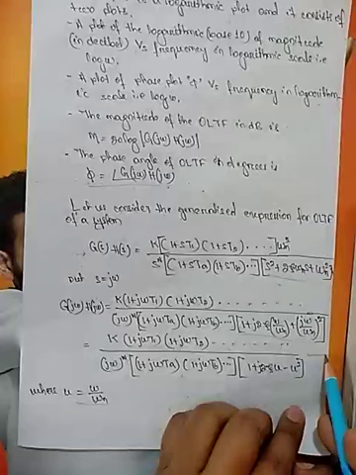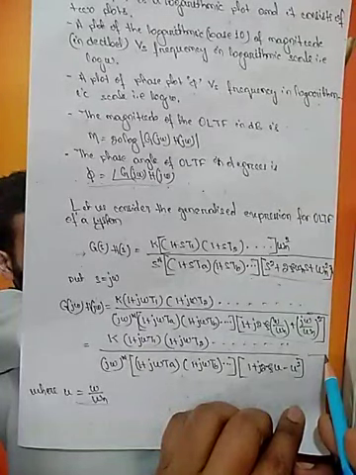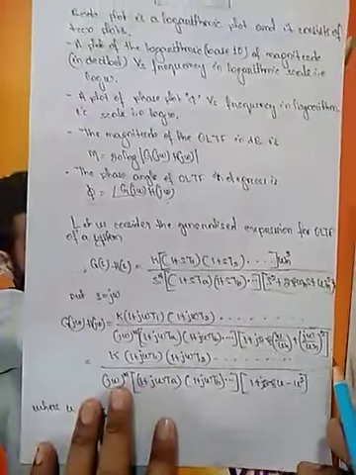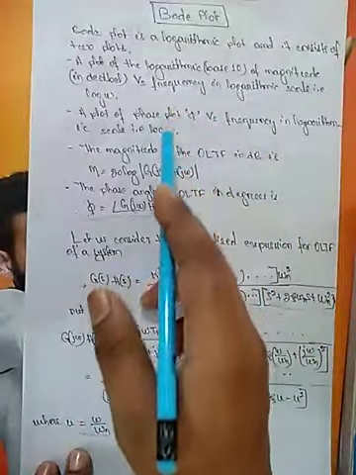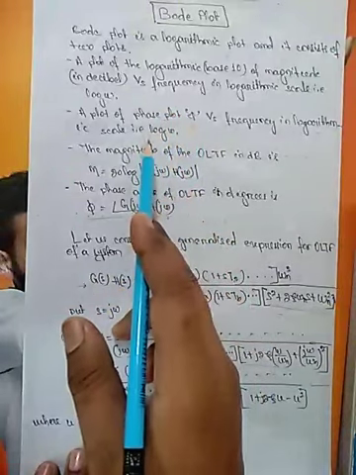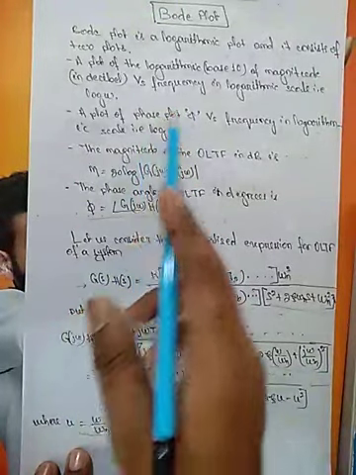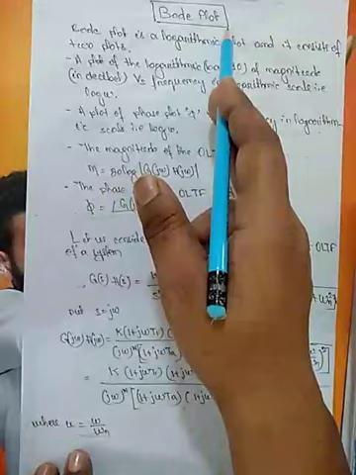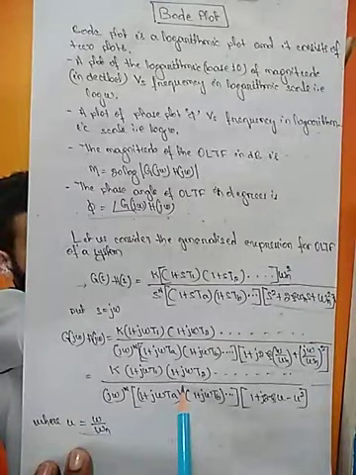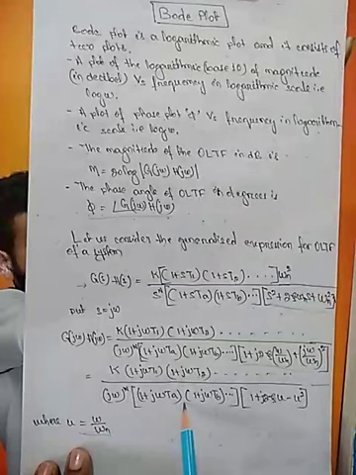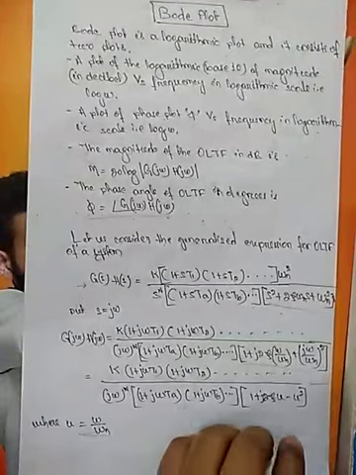Now we find its magnitude and phase angle, because here our motto is to find magnitude versus frequency graph and phase angle versus frequency graph for plotting Bode plot. Hence we find the magnitude and phase angle for this given transfer function.